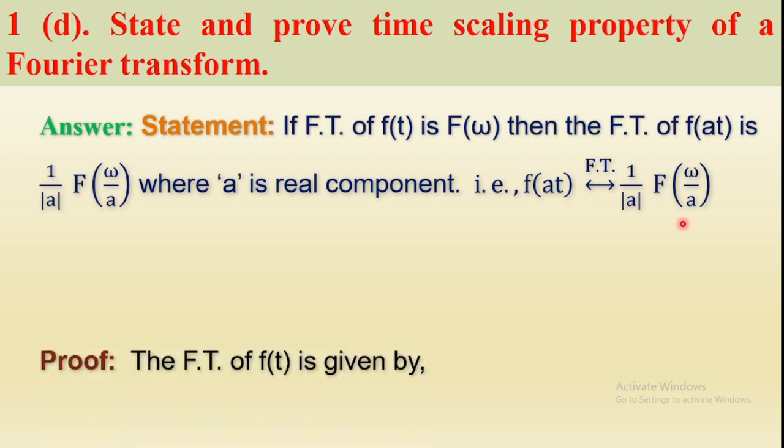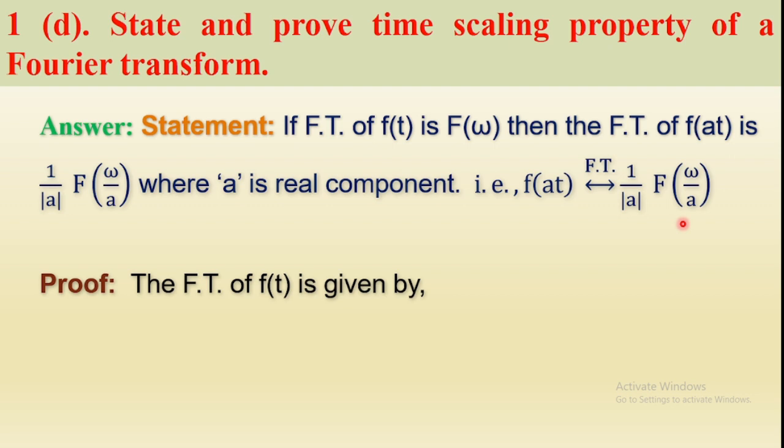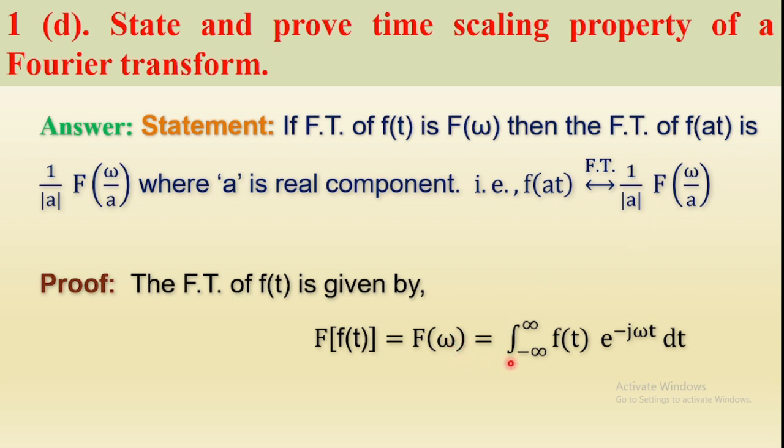Now coming to the proof. The Fourier transform of the function f of t is defined as F of omega, which is equal to the integral from minus infinity to infinity of f of t into e power minus j omega t dt. Now here we want to calculate the time scaling property. What is the time scaled signal f of a t?